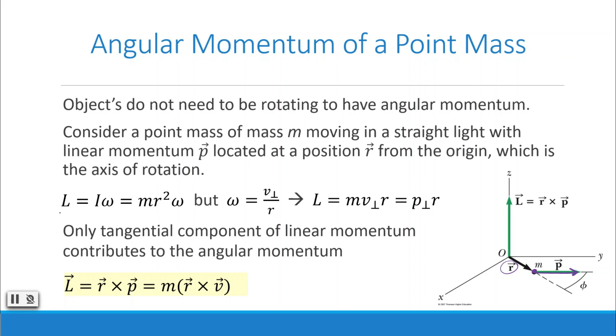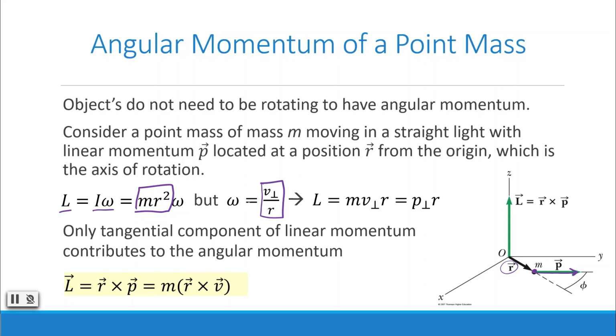We know by definition that our angular momentum is I times omega. So if you sub in I for a point mass, you get mr squared. But omega, by definition, is our tangential velocity over r. I'm using perpendicular to be consistent with cross products, but it is a tangential velocity.